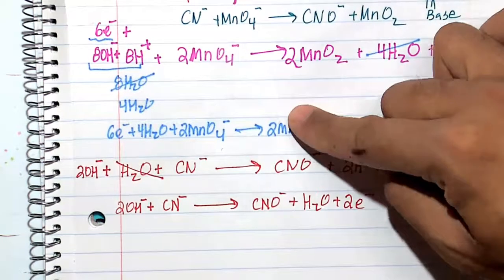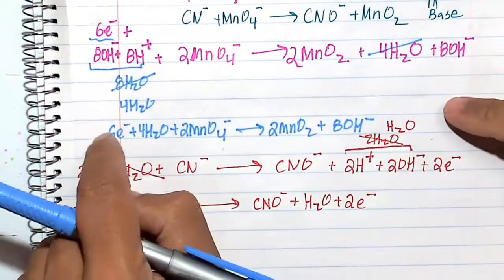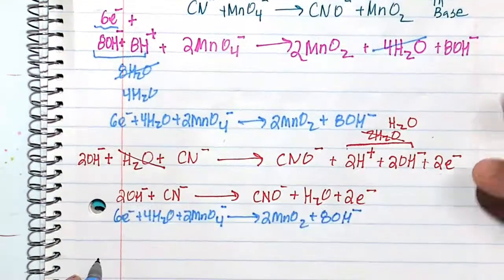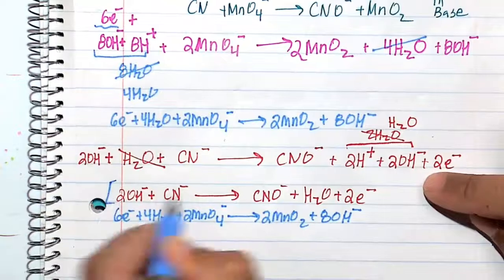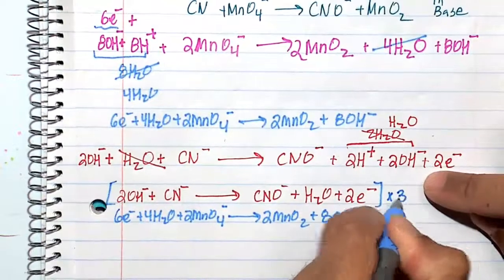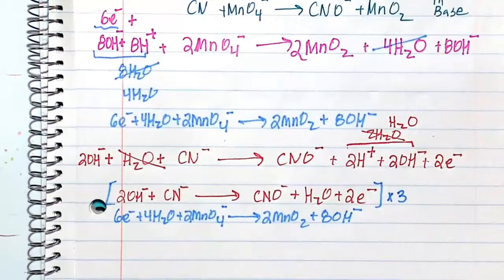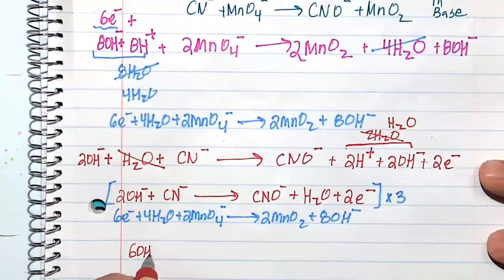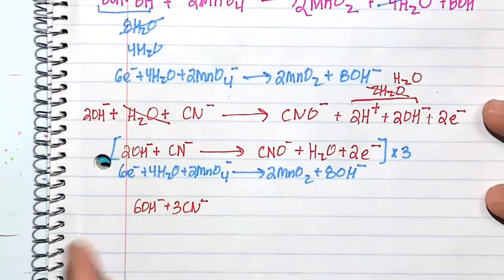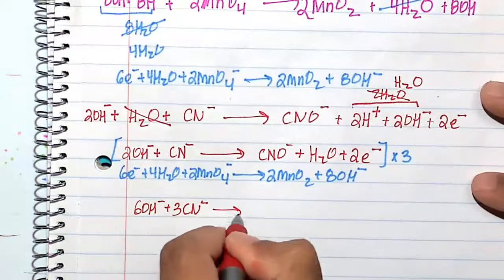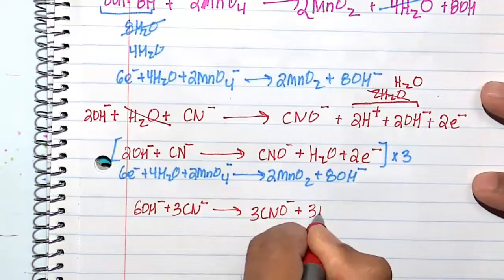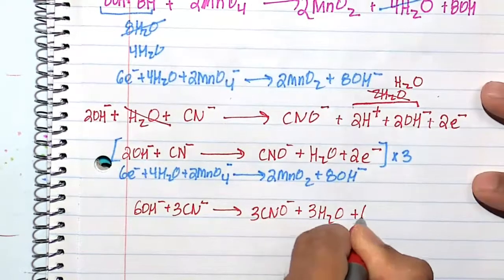Let's go ahead and rewrite our reduction half reaction, the one where we gained 6 electrons. So we need to balance out the electrons here. To do that, I will multiply the top half by 3. Multiplying the top half by 3 gives us 6 OH minus plus 3 CN minus, that's called the cyanide ion, going to 3 CNO minus plus 3 waters plus 6 electrons.